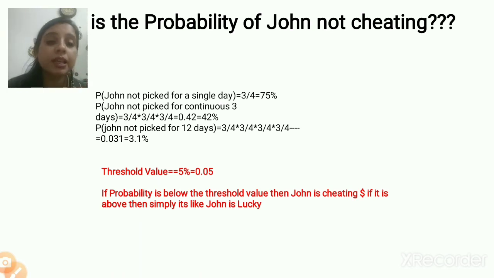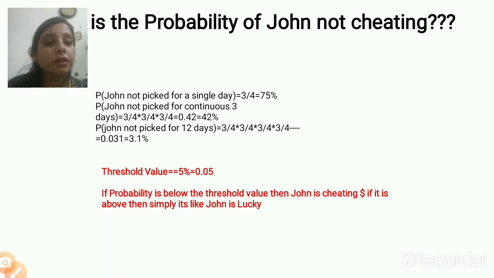What does it mean? The probability we are getting is 3.1%, and the threshold value is 5%, meaning the probability is below the threshold value. 3.1% is obviously less than 5%. So as our probability is less than the threshold value, that means John is cheating. In this example, John is cheating.